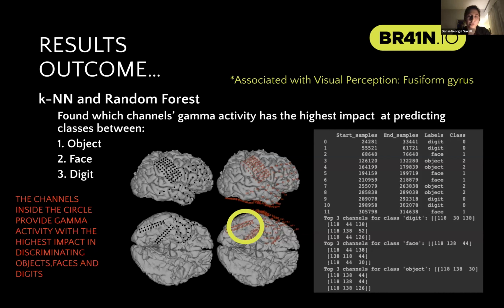And one good result from our analysis is that the region of the channels that we found is one that is close to the fusiform gyrus that is associated with visual perception.